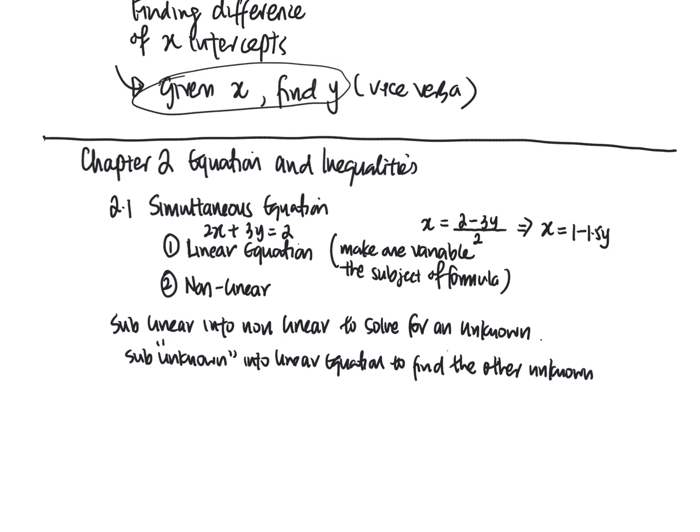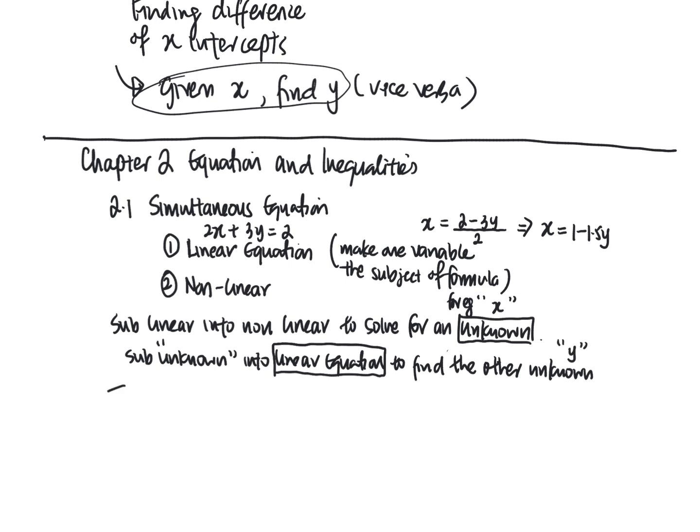And then when you sub the linear one into the non-linear, it will help you solve for one of the unknown. For example, x. Okay, after you solve for x, the x values you find, sub it into the linear equation so that you won't introduce extra solution, to find the other unknown y.